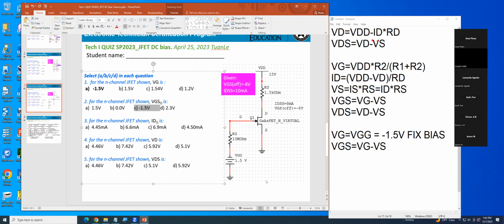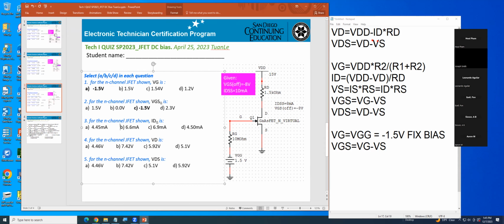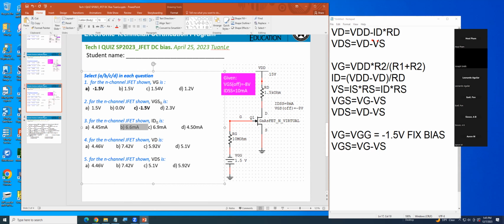Yeah, the formula. Okay, so I've given you the answer. You guys have to work it out. Otherwise, we don't have enough time.